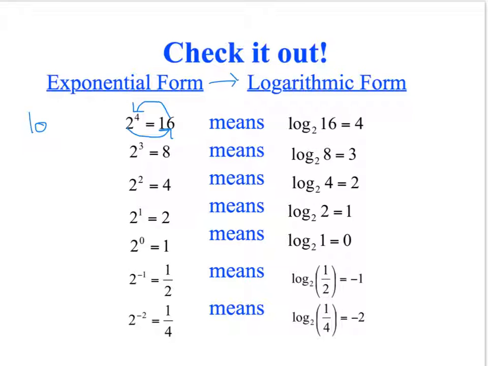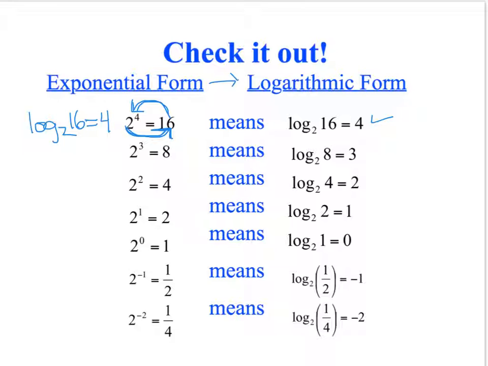If I'm converting to a log, I first write the word log and I say log base 2 because that's where I'm starting. First arrow goes to 16, so I write a 16. So log base 2 of 16. And then I go from 16 to 4, so I say equals 4. And you can see that's what they have over here.